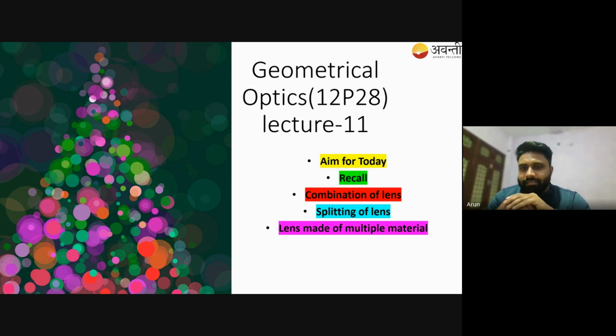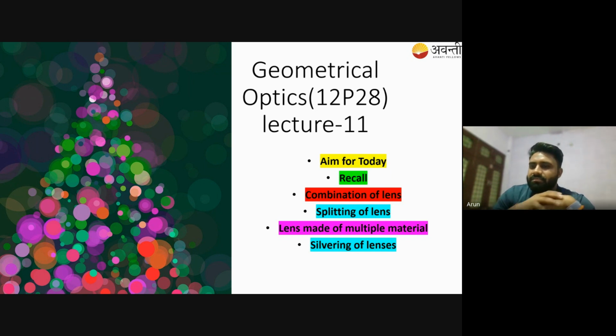Then if the lens is made up of multiple materials, because we all know that a lens is a device bounded by two surfaces, and it is a transparent medium made of some material. So if I vary the material inside the lens, how does it affect the positions of images, number of images, focal length, and all? After that, the silvering of lens.